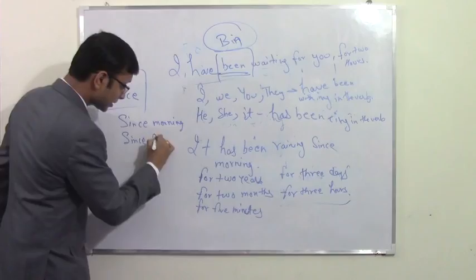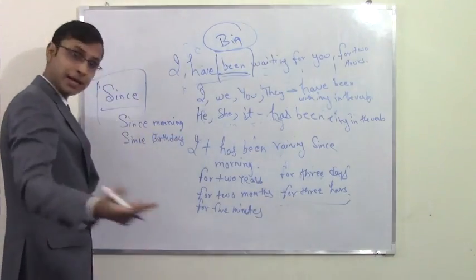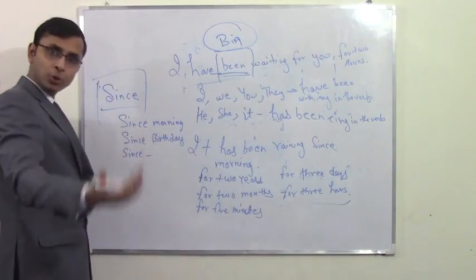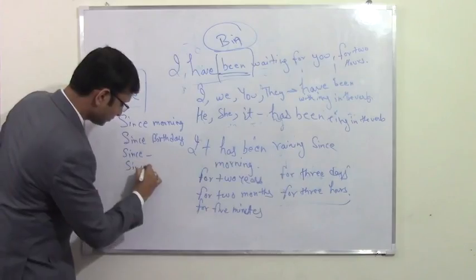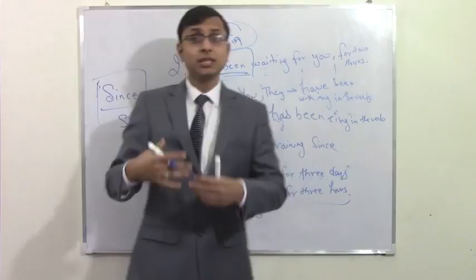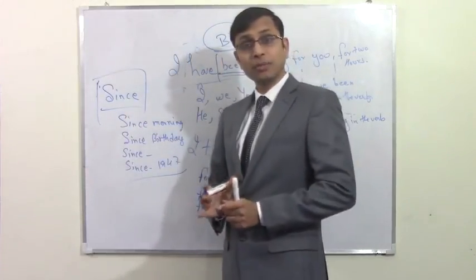Since birthday, क्योंकि बर्थडे हमारा फिक्स है, साल में एक बार आता है. Since कोई भी आपका फेस्टिवल है, दिवाली, होली. Since 1947, जैसे आपने शॉप पे लिखा भी देखा होगा, this jeweler is since 1947. So that's how we need to talk about it.